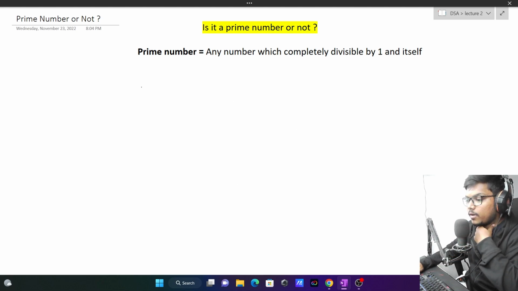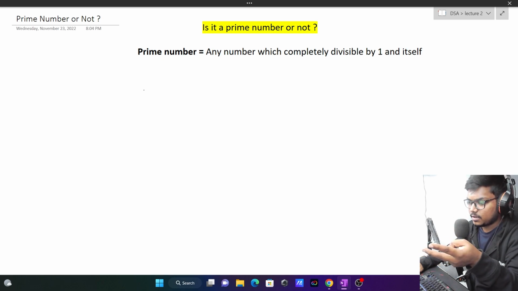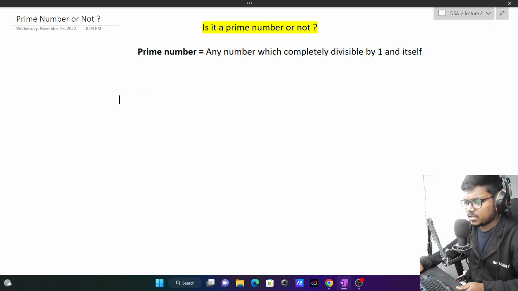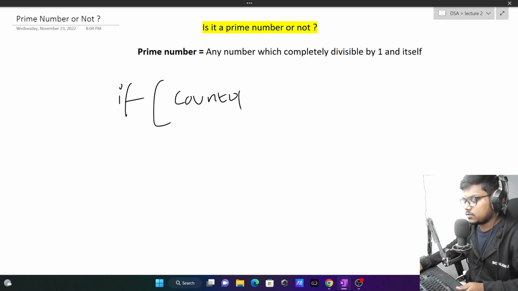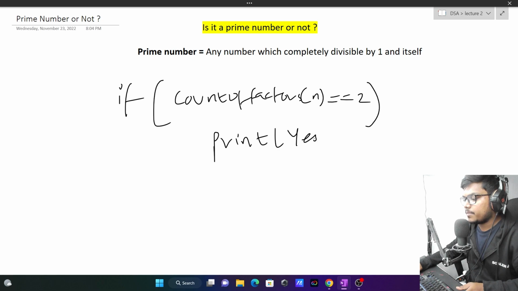For every prime number there are only two factors, so I can simply check: if the count of factors of n is equal to 2, then it is a prime number.